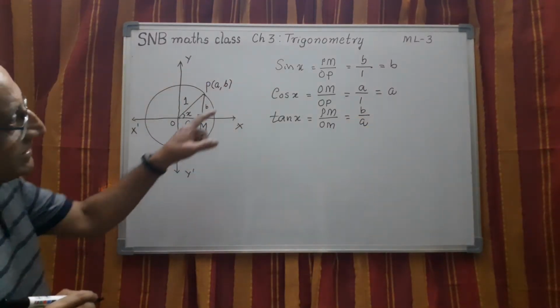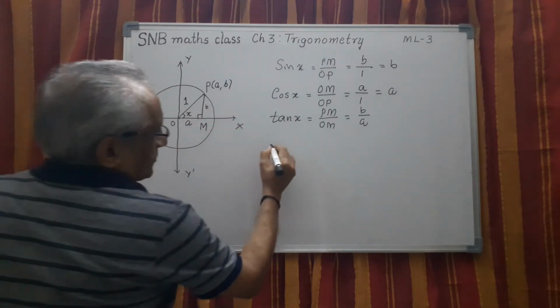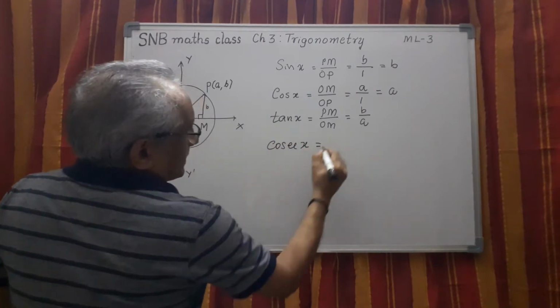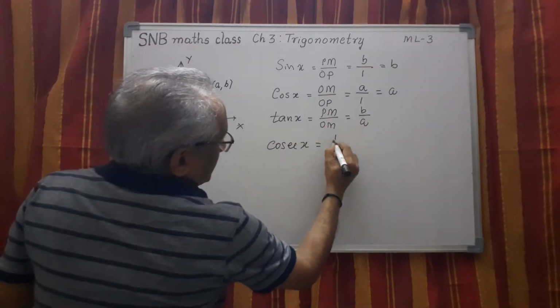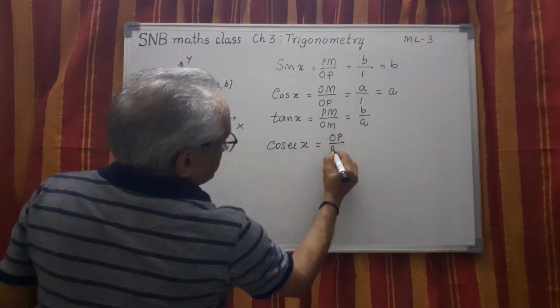And then we can define the remaining 3 reciprocal ratios, that is cosec x or cosecant x will be equal to 1 by sin x, that is actually OP divided by PM.